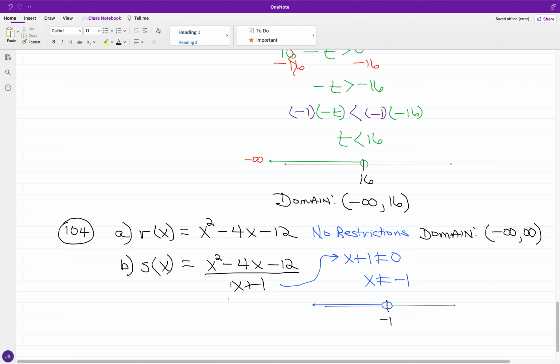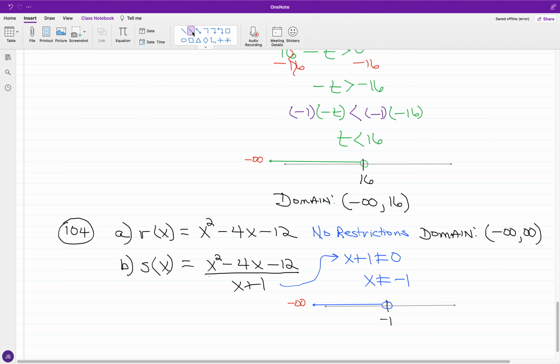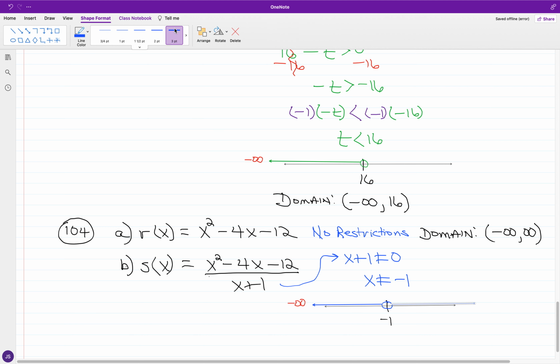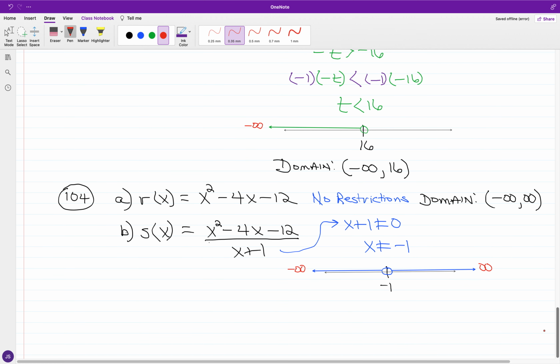One is where x is less than negative 1, and the other is where x is greater than negative 1. So you have the ray that goes continuously to the right in the direction of positive infinity.